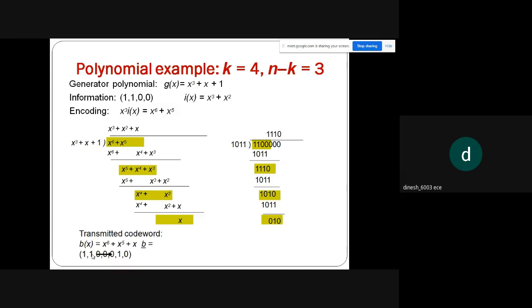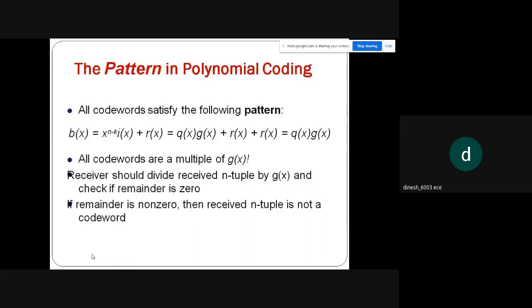Why we include check bits is to detect the errors and to correct the errors. So this method is applicable equally in cyclic codes; we use this as the best method in cyclic codes. The polynomial pattern should satisfy this equation. All the code words which are generated by polynomial coding should satisfy this.